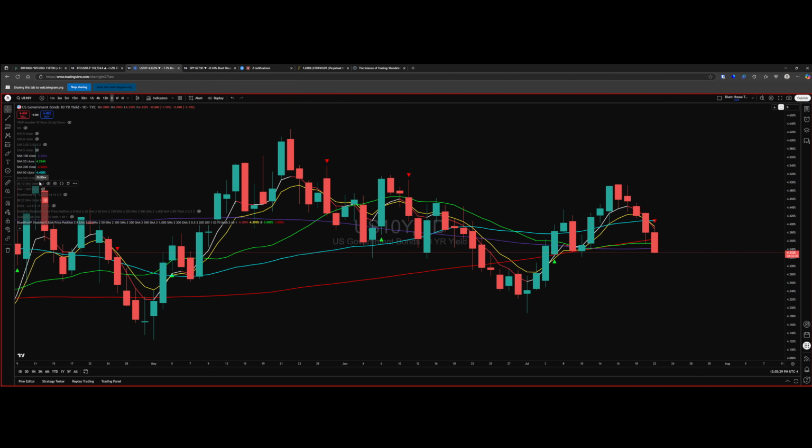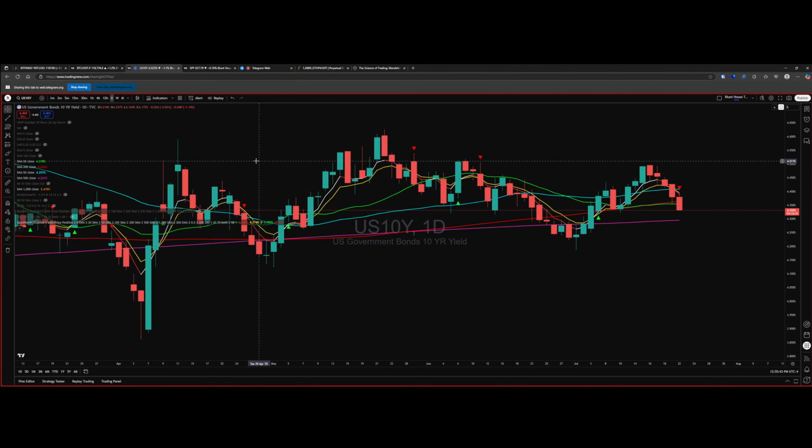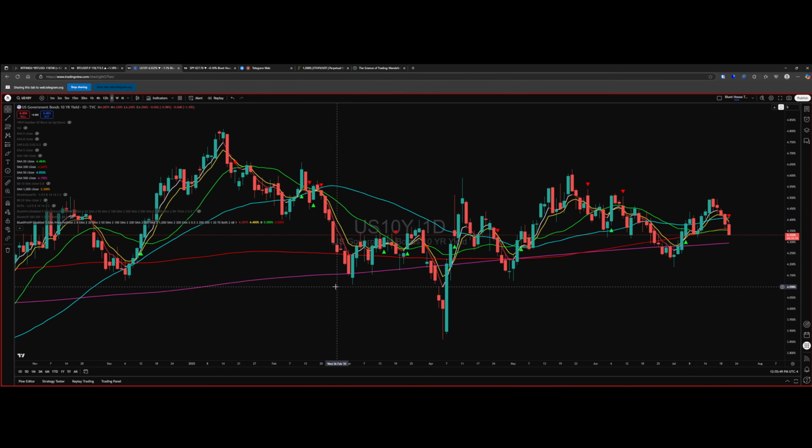Broke that. There you go. And that's the 500-day moving average on the daily chart. It's got to rest on something. It doesn't seem to be too unfamiliar with it. Looks like it's seen it many times before.